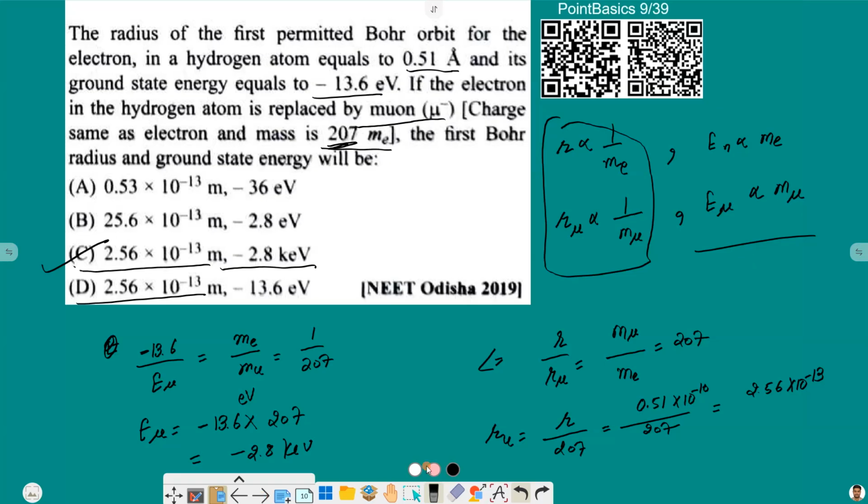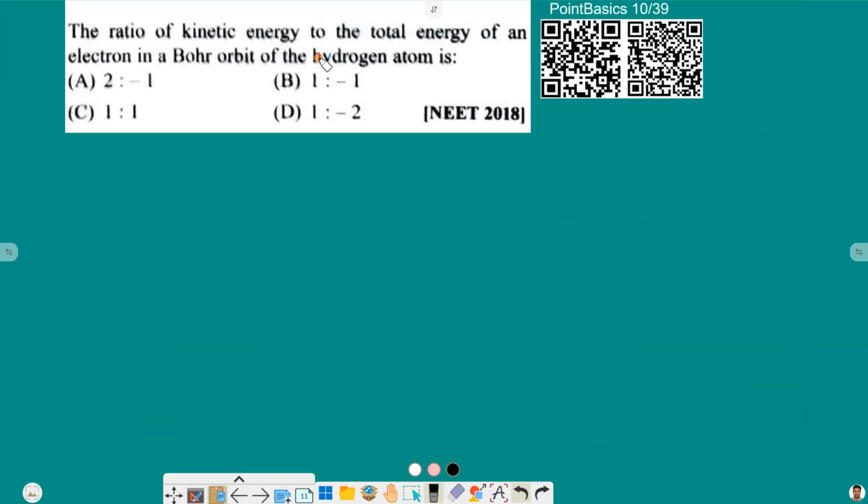Moving ahead, the ratio of kinetic energy to the total energy of the electron in a Bohr orbit of the hydrogen atom is. So we have to find the ratio of kinetic to total energy. Now we know that the relation between kinetic energy and total energy is that kinetic energy is the modulus of total energy.